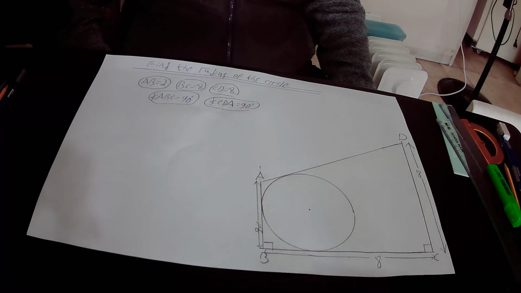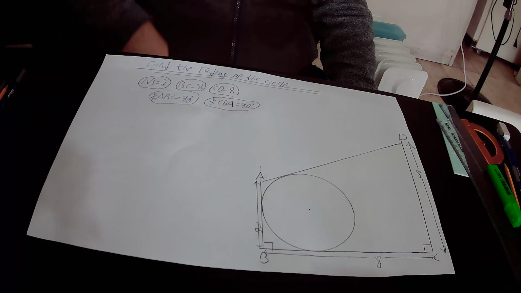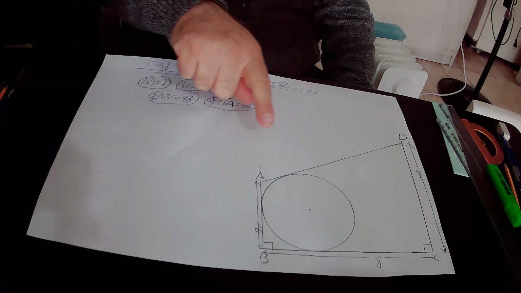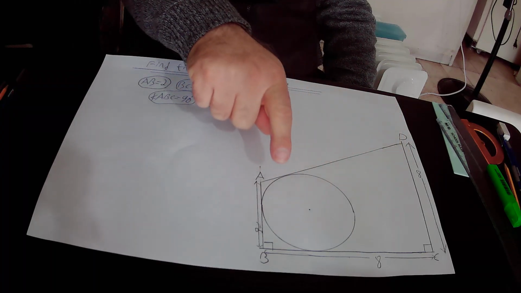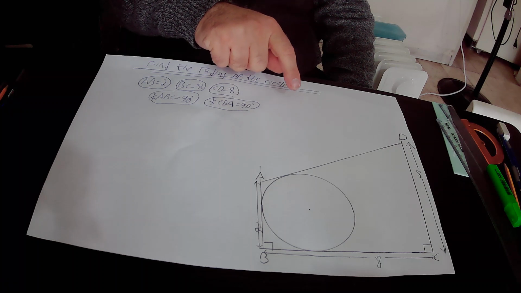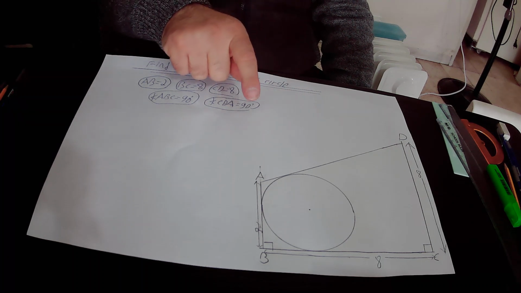So first of all, we will do a construction. That is to say, we will extend side DA and side CB of this quadrilateral by a straight line until they touch each other.